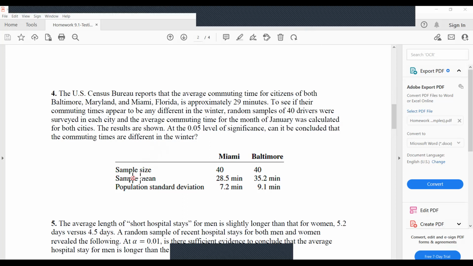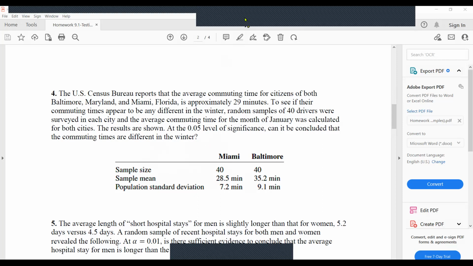So you see that we have the average commute time for both of the cities. We have 28.5, we have 35.2. The results are shown at the 0.05 level of significance. Can it be concluded that the commute times are different in the winter?